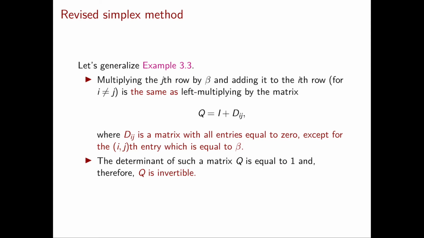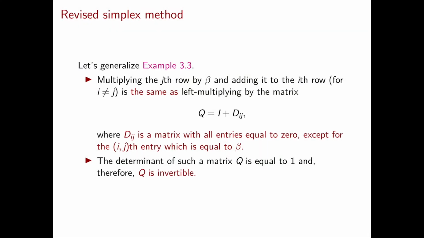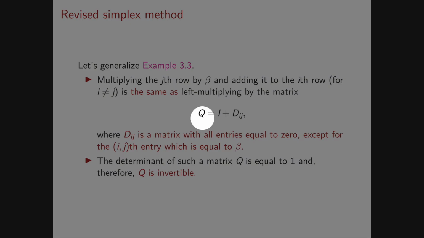In the previous example, we had that i was equal to 1, j was equal to 3, and beta was equal to 2.